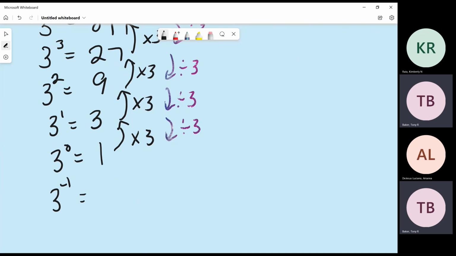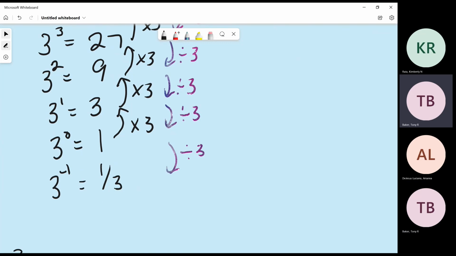So let's look at my pattern. I can't necessarily do multiplication, but I can do division. What's 1 divided by 3? 1/3. Now if you look at 1/3 times 3, it does give you 1.